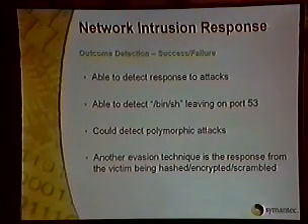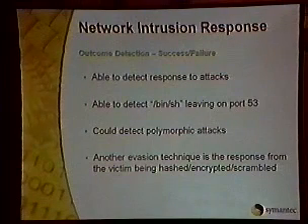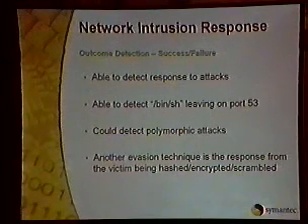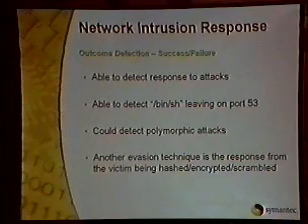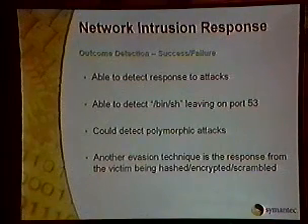Some ways we can detect: we see a bin shell or detect connections coming across from port 53 from your DNS server. Another evasion technique here is the response from the victim being hashed, encrypted, and scrambled. So that could be another evasion technique for outcome detection.